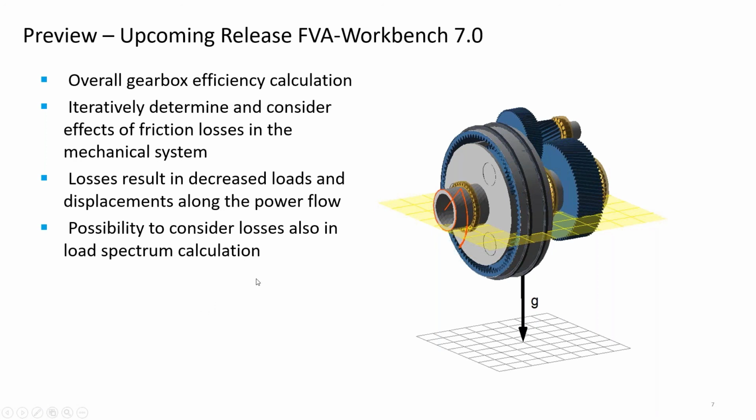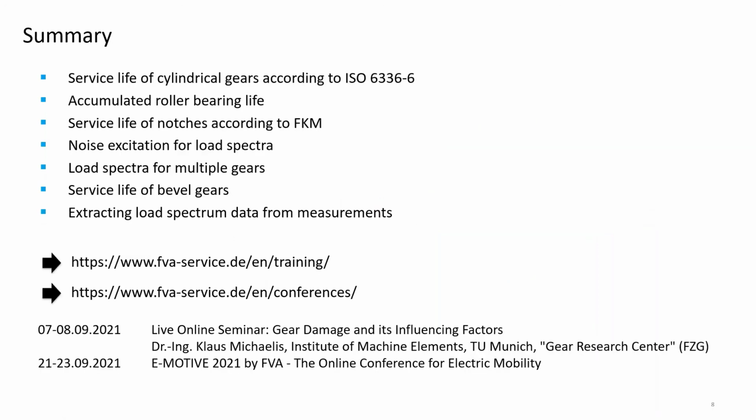So with this preview, let me summarize the points we talked about today. We started with looking at the service life of cylindrical gears according to the ISO 6336. We briefly looked at roller bearing life accumulation in the load spectrum, the service life of shaft notches according to the FKM guideline. We did a brief excursion into noise excitation of cylindrical gears.